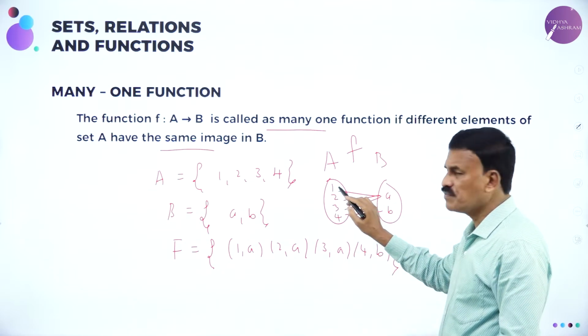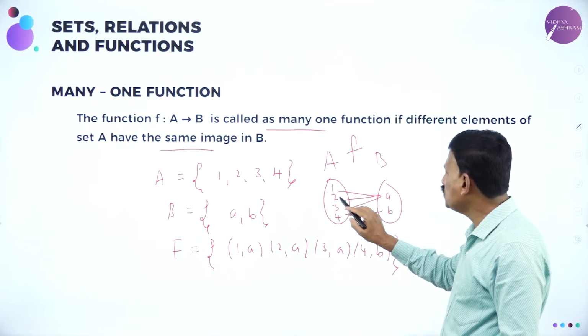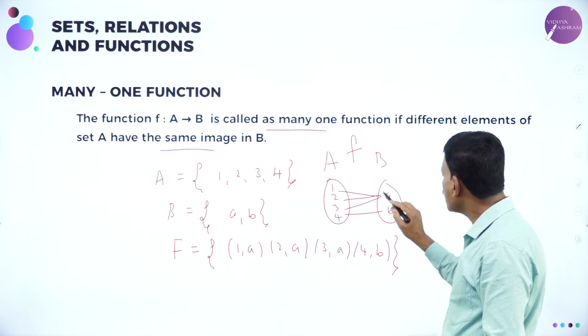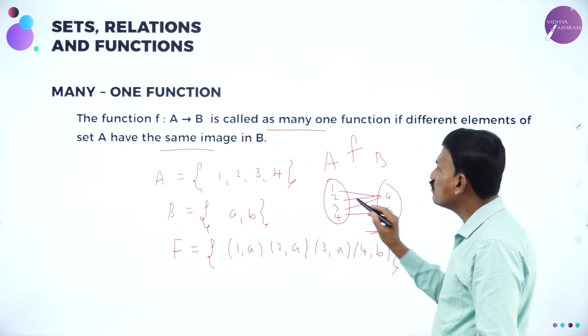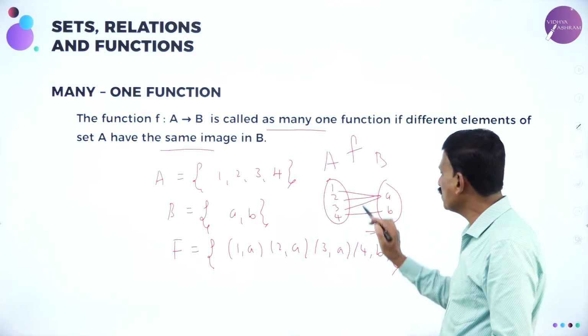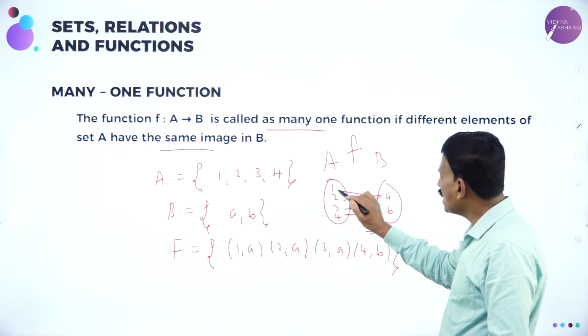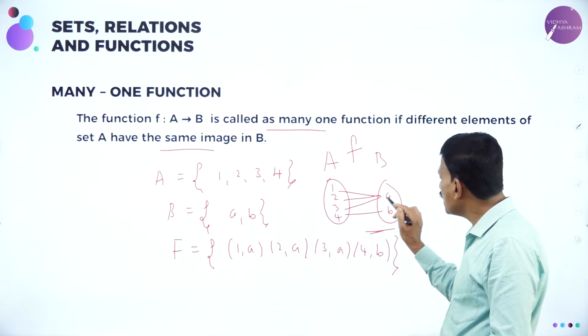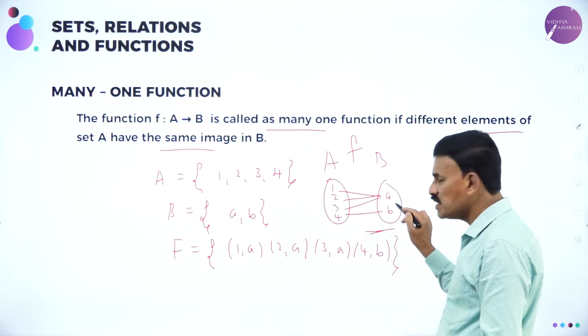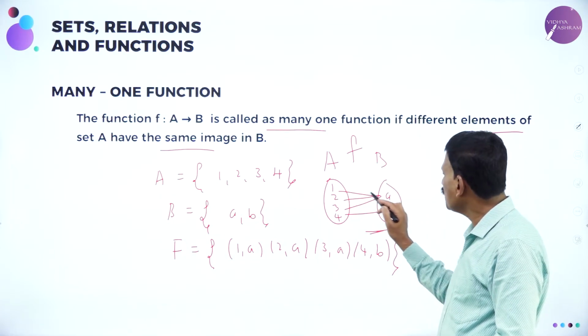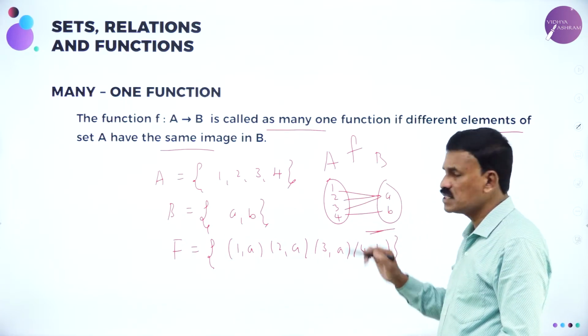The elements 1, 2 and 3 of the set A have the same image A. So this is an example for a many one function. Different elements of the set A have the same image in the set B. So the image of 1 is A, image of 2 is A, image of 3 is also A.